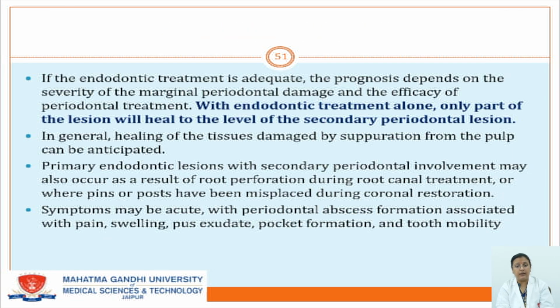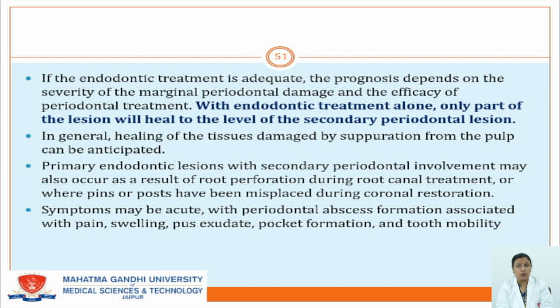If adequate endodontic treatment is done, that is, root canal therapy with proper cleaning and shaping and the tooth is obturated, then the part will heal to the level of the secondary periodontal lesion. Healing of the tissue damaged by suppuration can be anticipated. Primary endodontic lesions with secondary periodontal involvement may also occur as a result of root perforations, where pins and posts have been misplaced during coronal restorations.